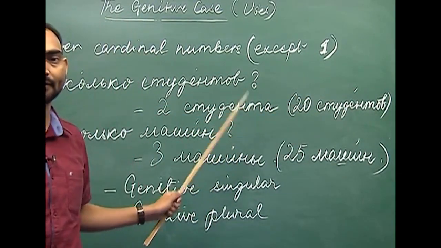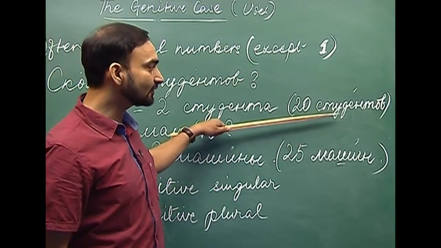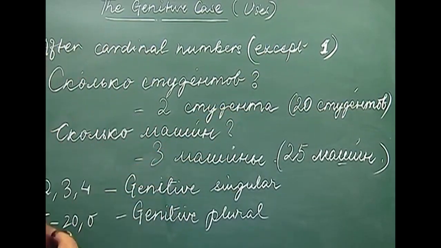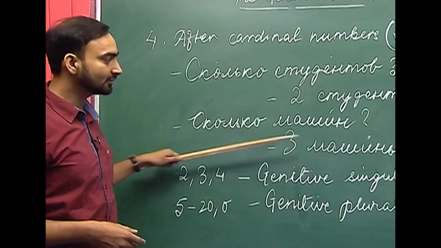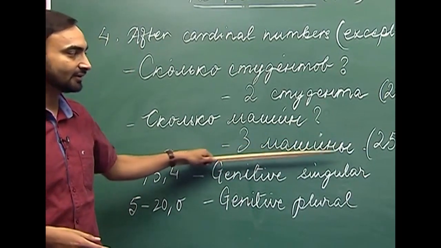So, studenta is the genitive singular form of the noun student and studentov is the genitive plural form of the noun student. "Skolko mashin", how many cars? Tri mashiny, there are 3 cars.